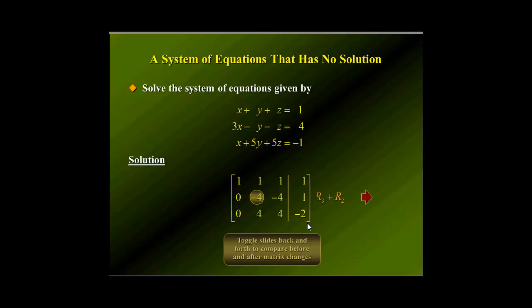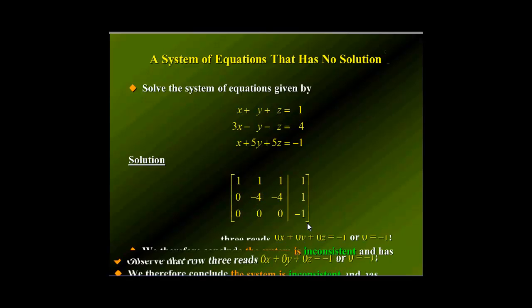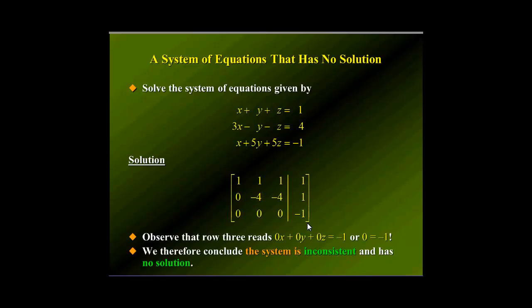So I apply the row operation, and I will get 0 in the bottom, and in place of minus 4 we will get a 1. So we observe that our third row will be 0, and that element is non-zero. So we say that there is no solution.